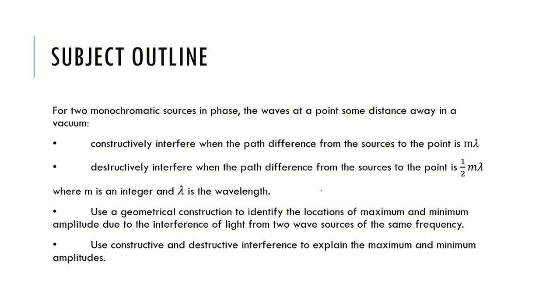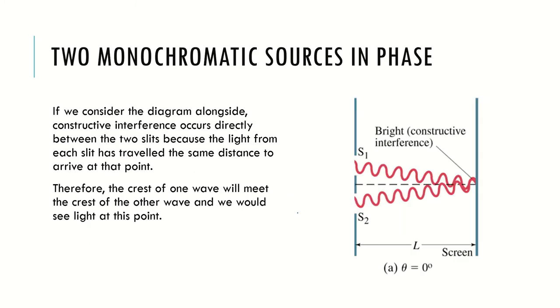So what I mean by that is the following. Here we have a diagram. Now we have two light sources, okay? They're single frequency, monochromatic sources of light, which means they're going to have the same wavelength. Light has been illuminated from these two slits and they're going to travel the exact same distance.